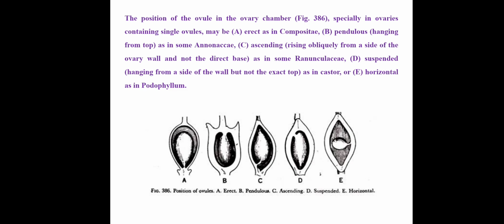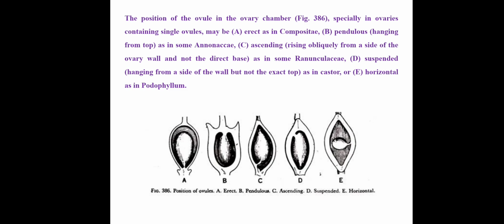Lastly, the position of the ovule in the ovary chamber, especially in ovaries containing single ovules, may be of different types. The first one is called erect, as in Compositae. The second one, B, pendulous, that is hanging from the top, as in some Anonaceae.